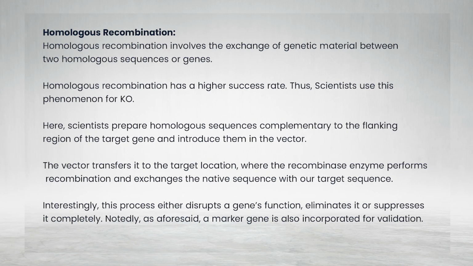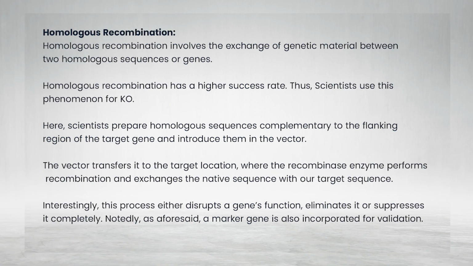The vector then transfers it to the target location, where the recombinase enzyme performs recombination and exchanges the native sequence with a target sequence. Interestingly, this process either disrupts a gene function, eliminates it, or suppresses it completely.